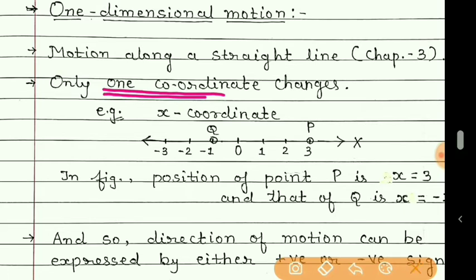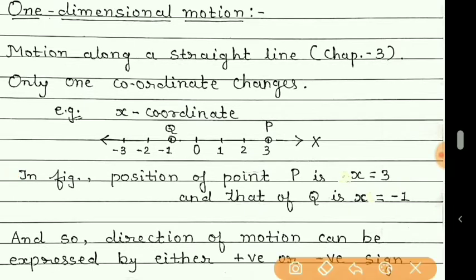Here you can see a point P is shown in the figure. If somebody asks you what is the position of point P with respect to origin, then definitely you can say that it is x = 3, as it is towards the positive x direction, that is towards the right hand side.